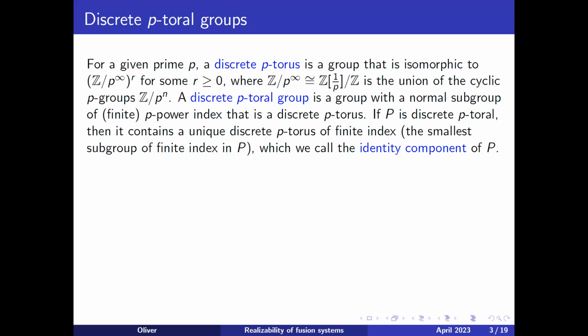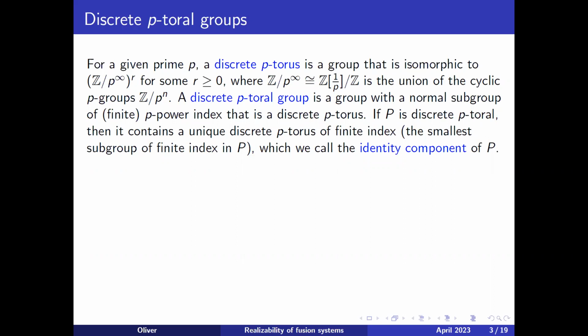Or you can think of it as Z[1/p], the ring Z[1/p] modulo the subring Z. Or you can think of it as the group of complex roots of unity of p-power order.